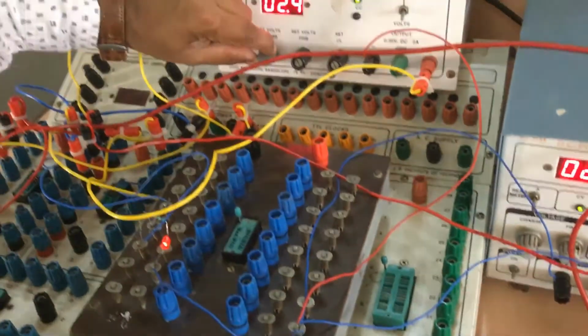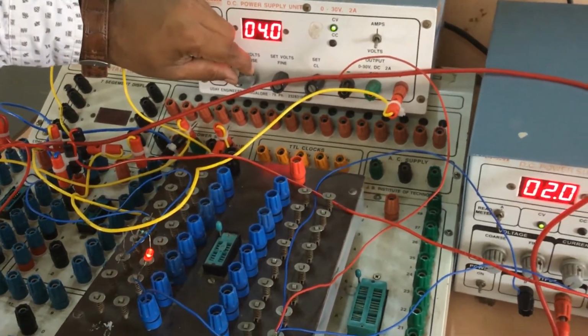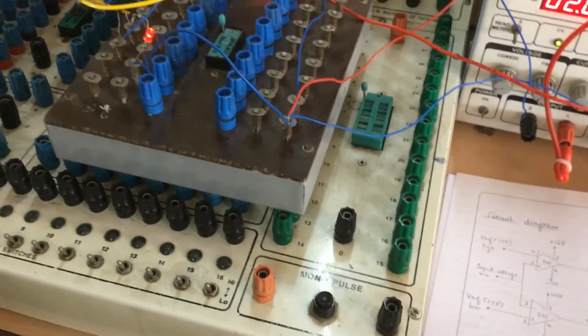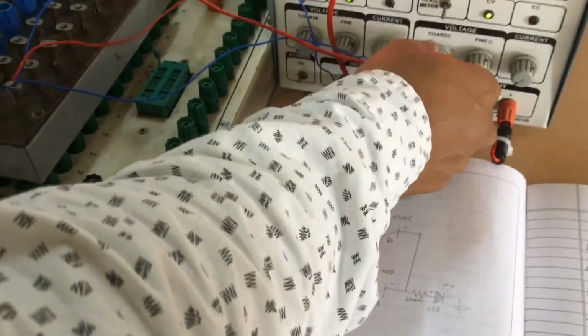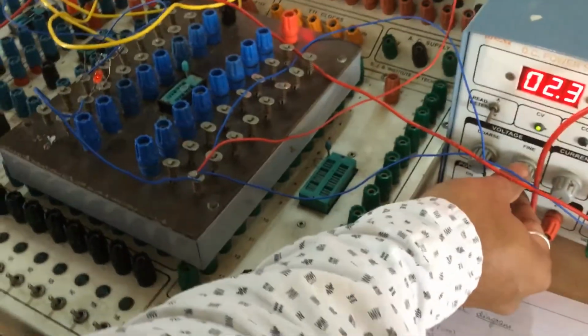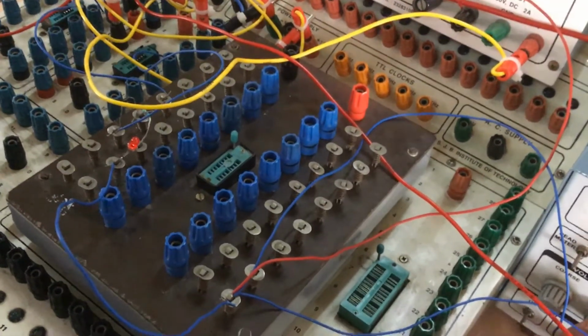So when we increase this input voltage to a higher value, in the second case, the reference voltage should be lesser than the input voltage. And now you can observe the LED is not glowing, it has been switched off.